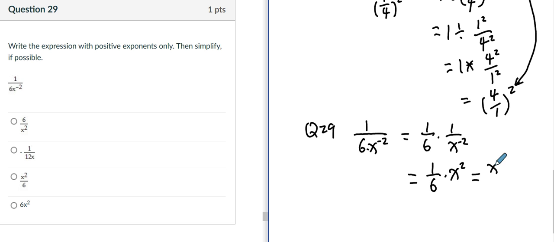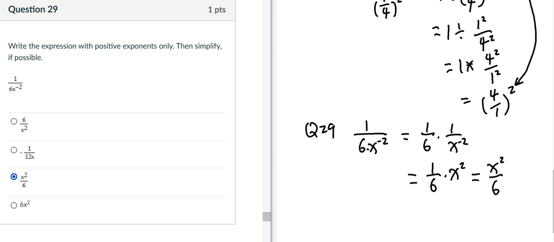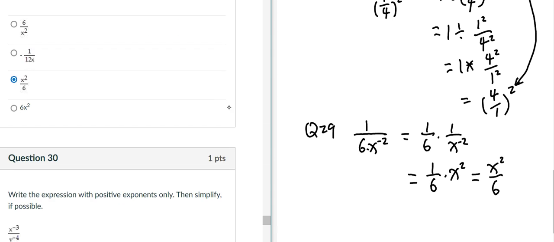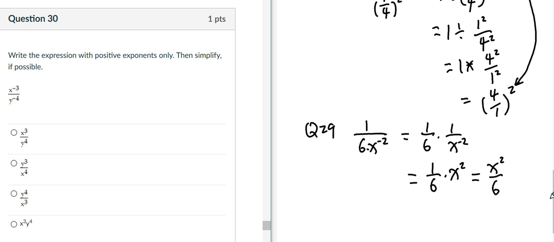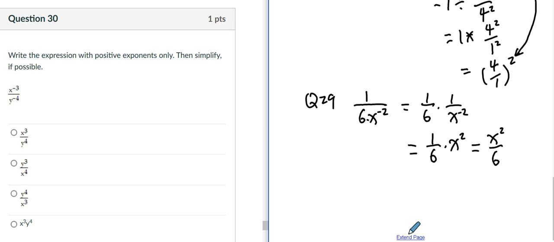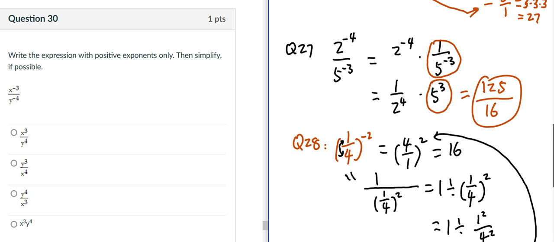So what you get is x squared over 6, because 1 times x squared is x squared. That's the one right here. So this one is something in general. We did this one before, right? Upstairs we did it with a number, but right here it is a variable.